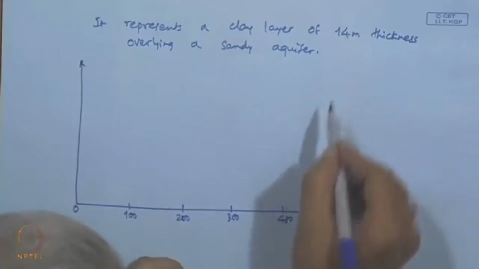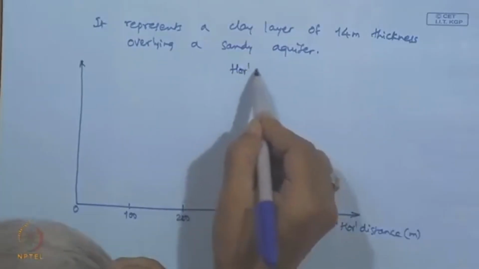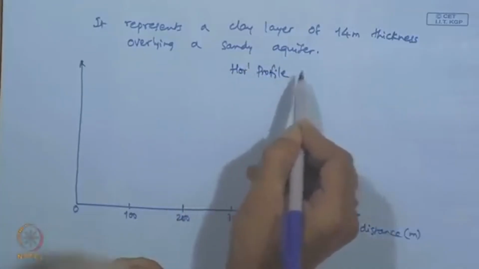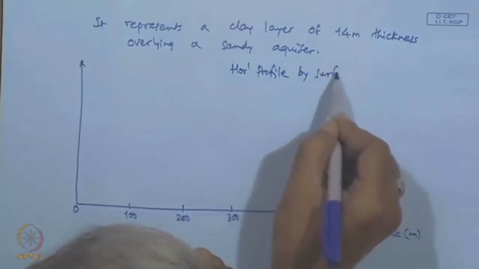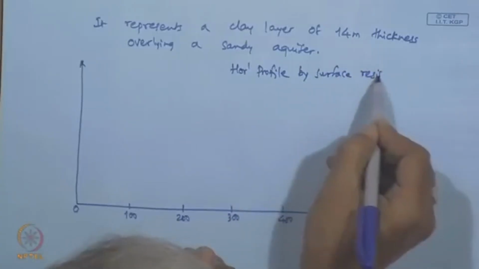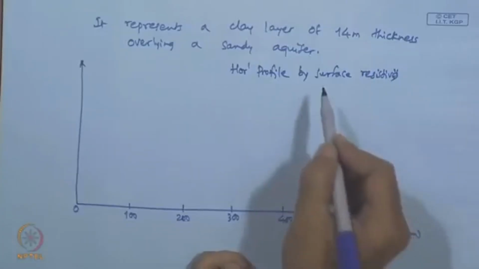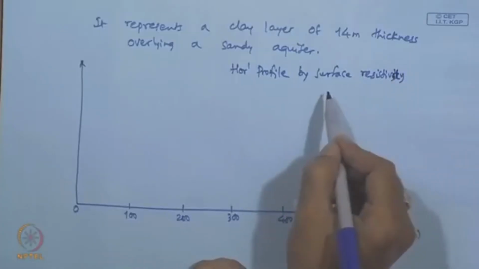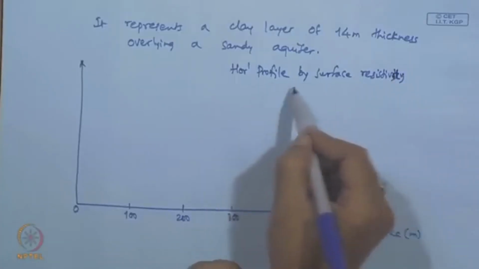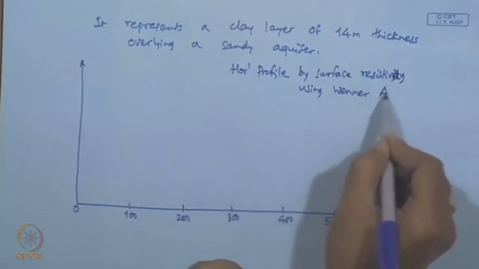This is also the horizontal profile by surface resistivity using the Wenner arrangement.